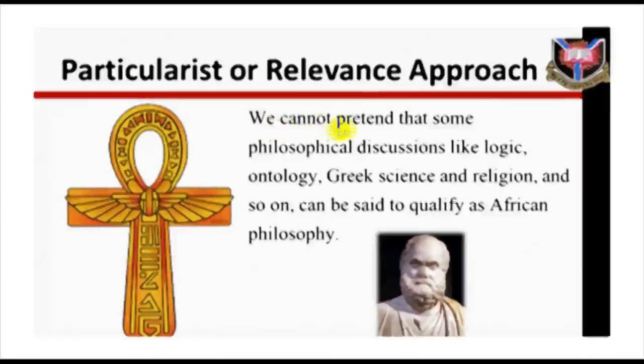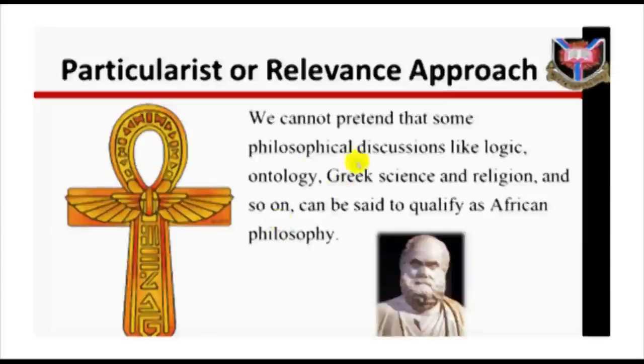What the particularist or relevance group are simply saying is that African philosophy should be done in such a way that it will be of direct relevance or importance to African societies. They may be right to some extent. After all, what will be the value of any philosophy if it does not help us to consciously re-examine the ideas we live by?